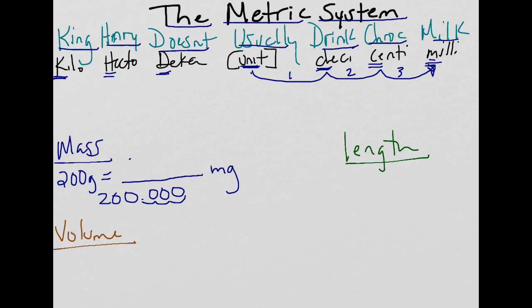So you can see we had to move our decimal point 3 spaces to the right because we jumped 3 spaces to the right. So we're going to write out our 5 zeros now. 1, 2, 3, 4, 5. Give it a comma: 200,000 milligrams. 200 grams equals 200,000 milligrams.